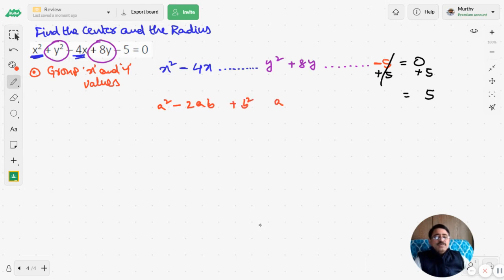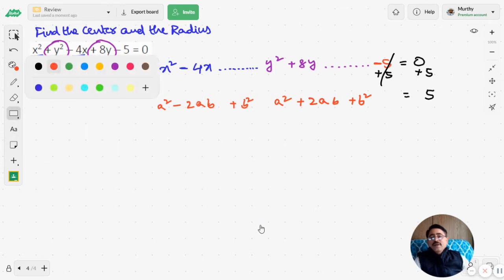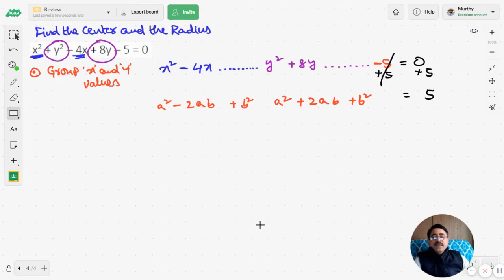And for positive 8y, therefore a square plus 2ab plus b square. So let me highlight these. This is the first one, a square minus 2ab plus b square, and the second one is a square plus 2ab plus b square.